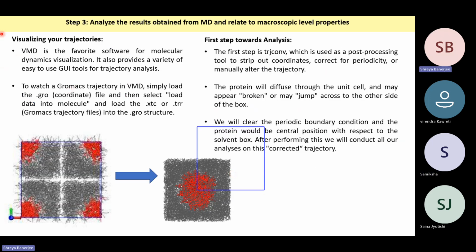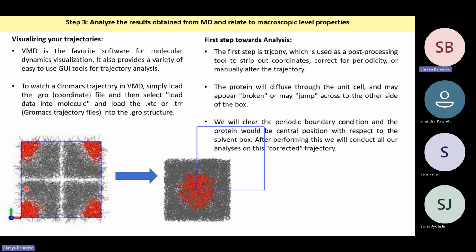Before that, one more thing that can be done is this command called trjconv, which is a post-processing tool. Sometimes we want to visualize the trajectory, meaning how the molecule is moving, in a software, and VMD is the best visualization software to look at the molecule trajectory, that is, the path of movement of the molecule.